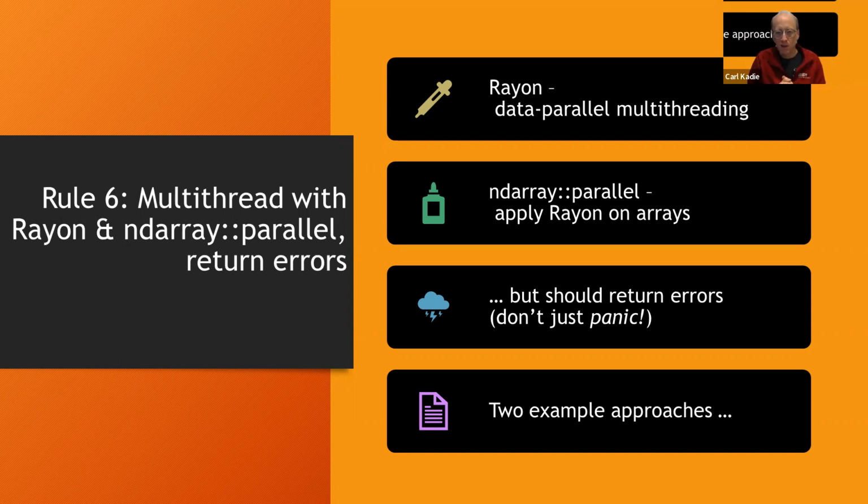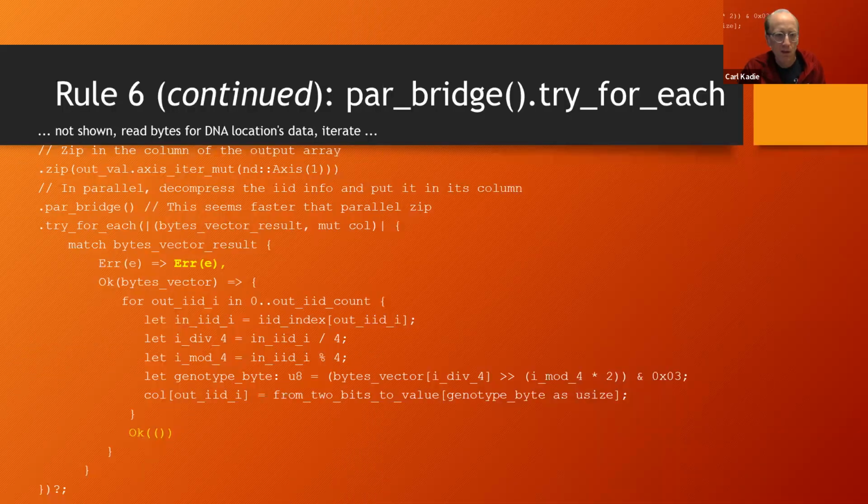We don't just want to panic and crash. So I'll give examples of 2 approaches to using Rayon and ndarray parallel that let us return errors. Sorry, it's a bit involved.